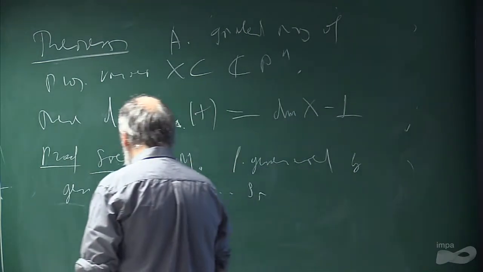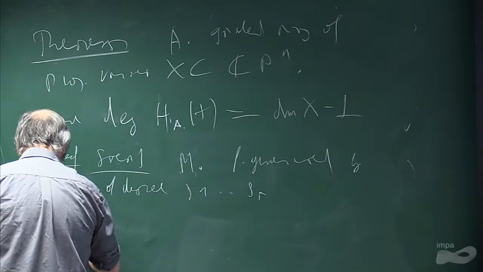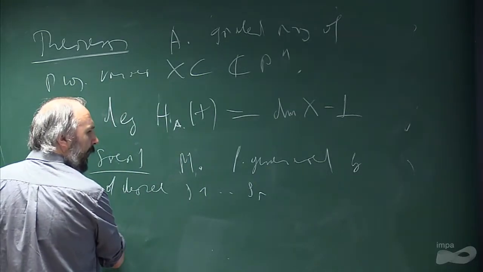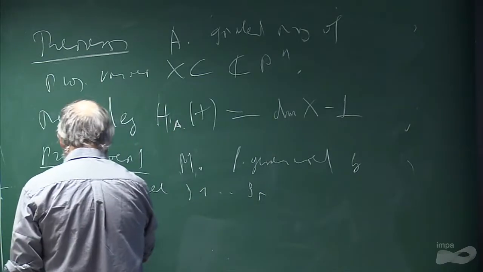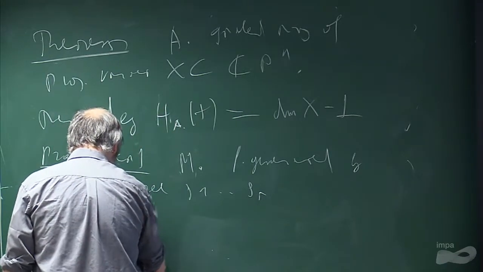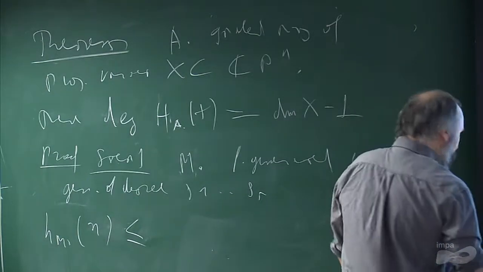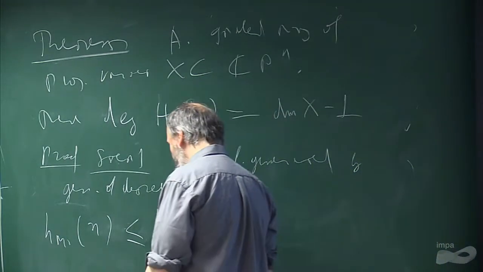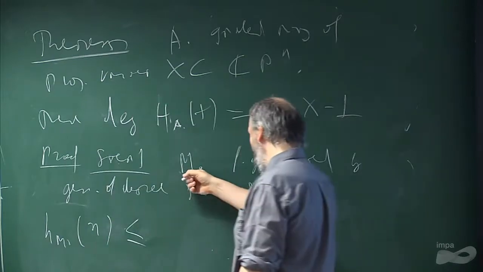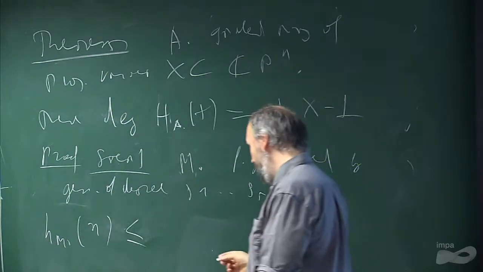And this gives that H_M(n) is bounded by the Hilbert functions for this module shifted by s_i.